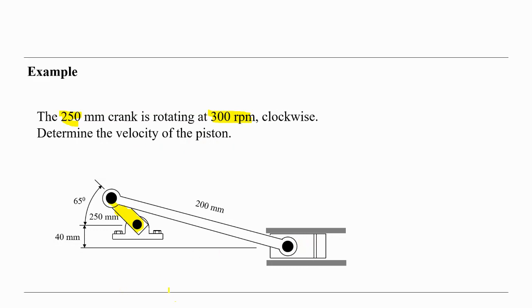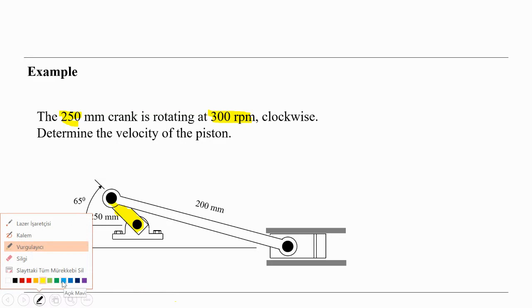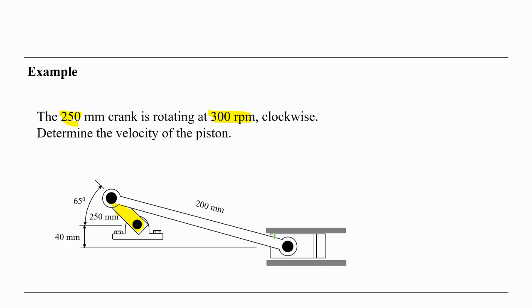This is the piston. Let's use another color for the piston, like this. This is our piston here, and we have to calculate the velocity of the piston.